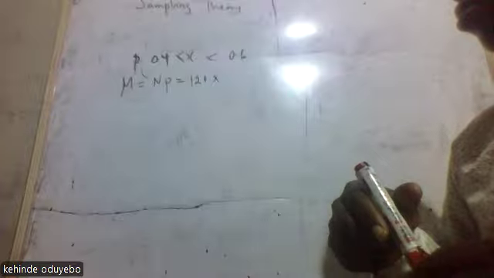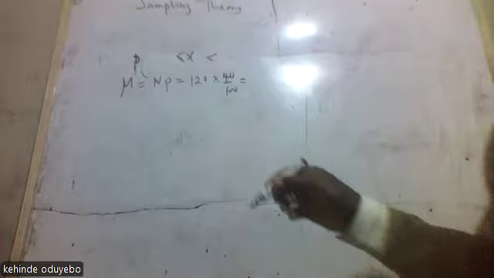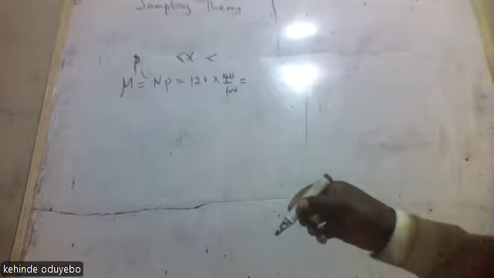Now, I'm going the direction of proportion, but let me calculate the one for the mean first. So 120 times P, here 40 over 100, is what? 48.